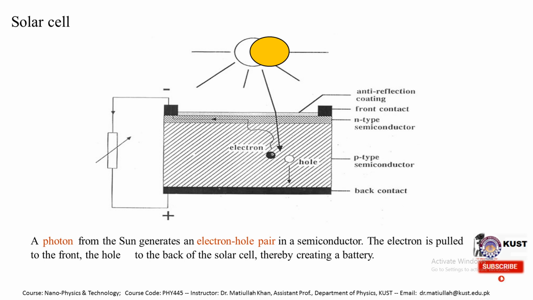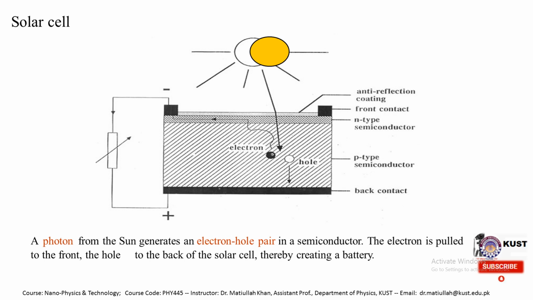The visible light photon, matching the band gap of that particular semiconductor, is absorbed, and as a result of this absorption, two charges are created: an electron in the conduction band, and a hole in the valence band. So this charge pair is created, and that could be utilized for different purposes.